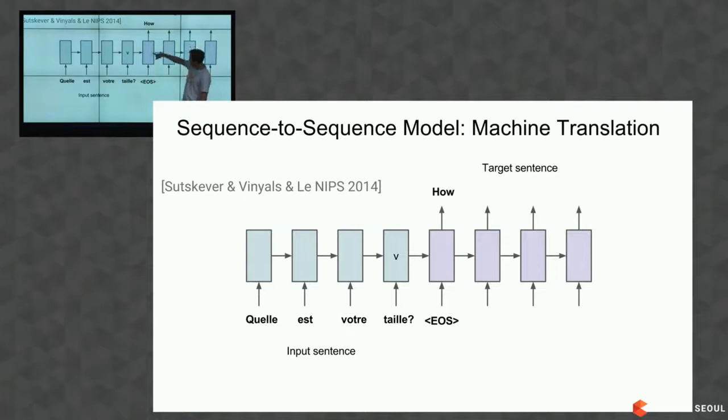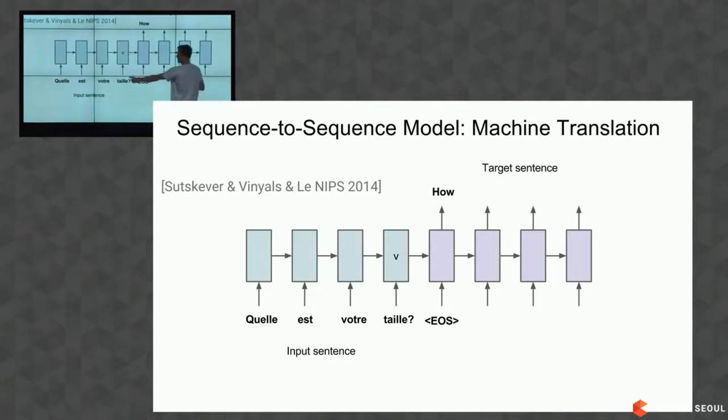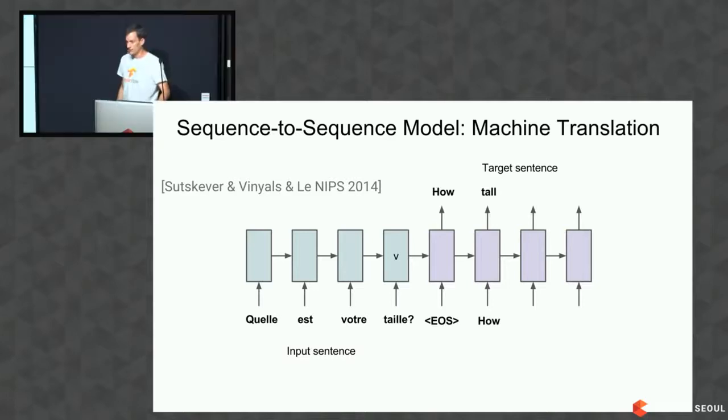And now the model is trained when it sees that to start producing the corresponding sentence in the other language. And the training data that it gets is language pairs that mean the same thing, sentence pairs. And it just tries to model that function.